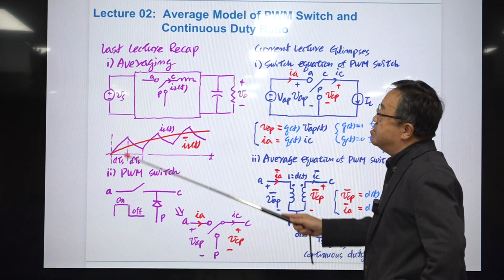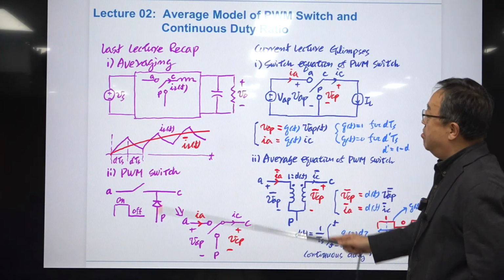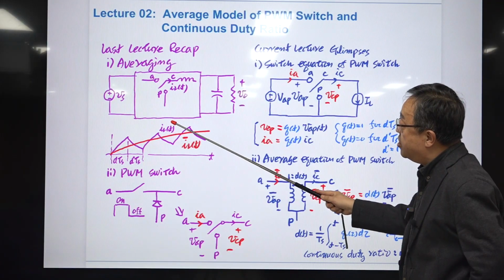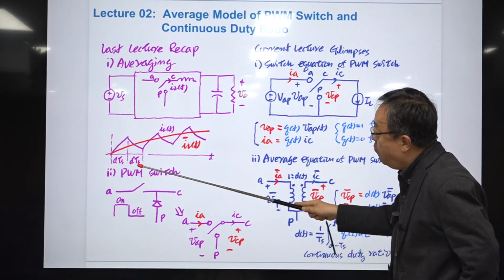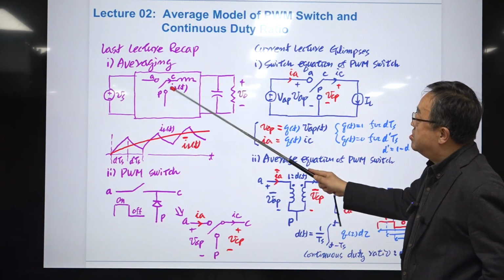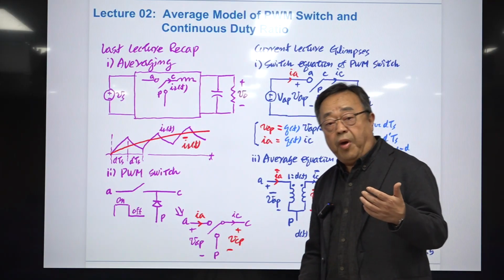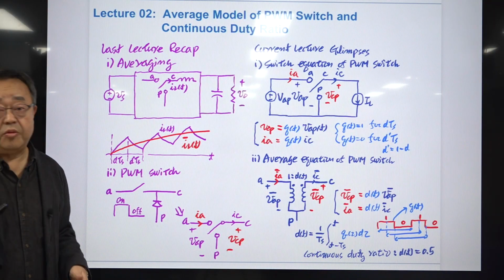And this illustrates the concept of the averaging of inductor current, iL(t), and this is the on-time period, this is the off-time period. During this on-time period DTs, this inductor current will evolve based on the circuit equation of the on-time circuit.